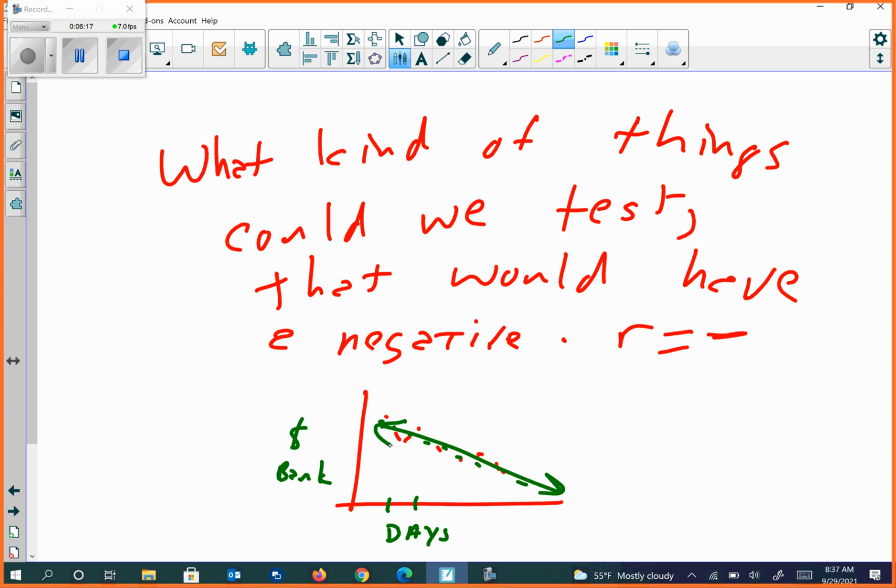What about price of a car, number sold? Let's say you want to buy yourself a Tesla. But Tesla decides we're no longer going to have a $100,000 car. Now our Teslas are going to go for $400,000. Do you think the number of Teslas on the road would probably be decreasing a little bit? I know people like Teslas, don't get me wrong. I'm not trying to rip on the company.